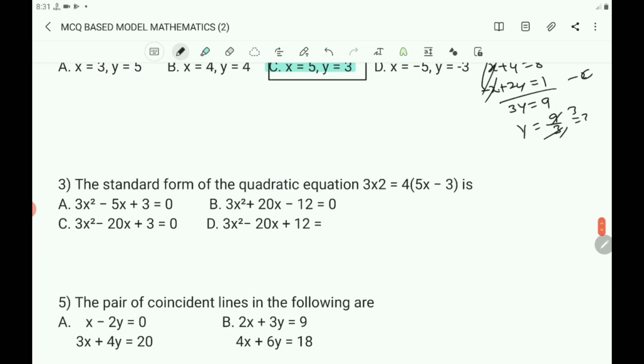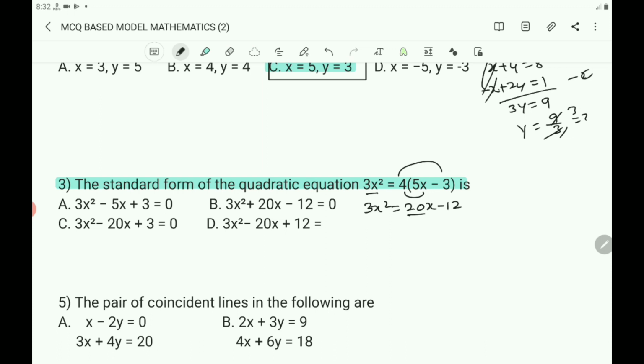Then you take the third question. What is the third question? The standard form of the quadratic equation 3x square equals 4 into 5x minus 3 is. Here you take 3x square equals 4 into 5x minus 3. 4 into 5x is 20x and 4 3s are 12, minus 12.